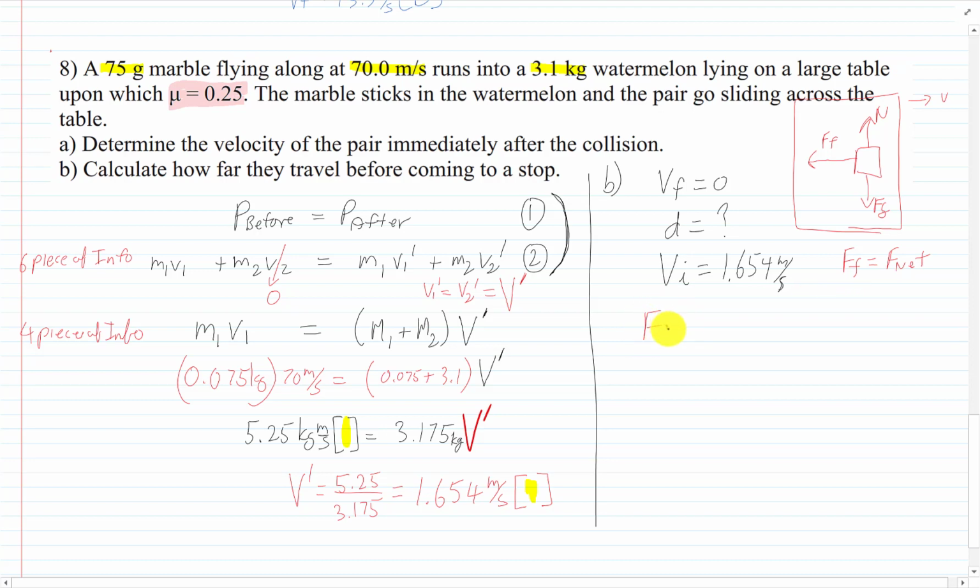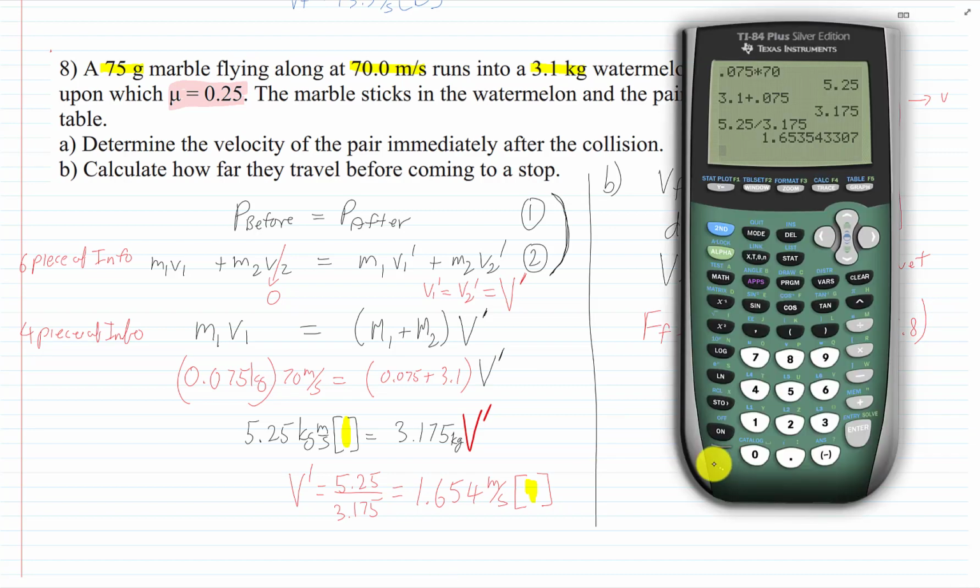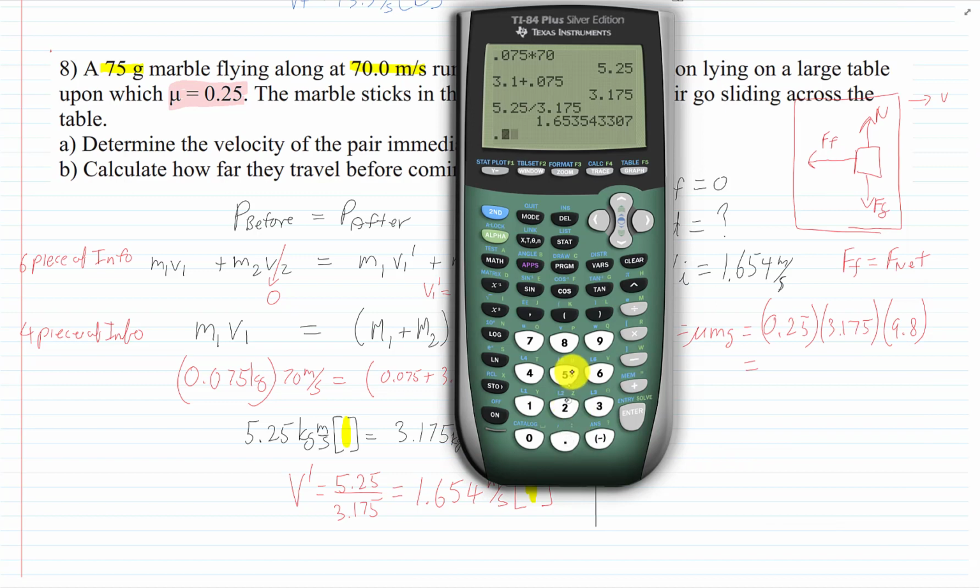Force of friction is equal to mu mg, which is 0.25 times the mass of 3.175 times 9.8.